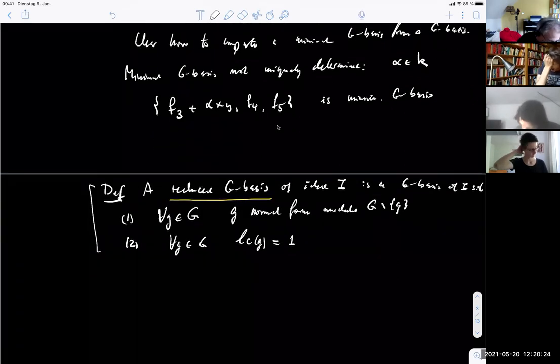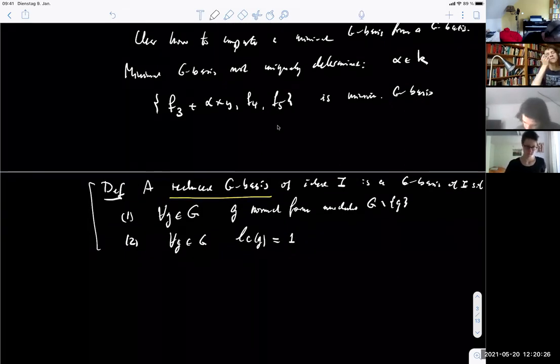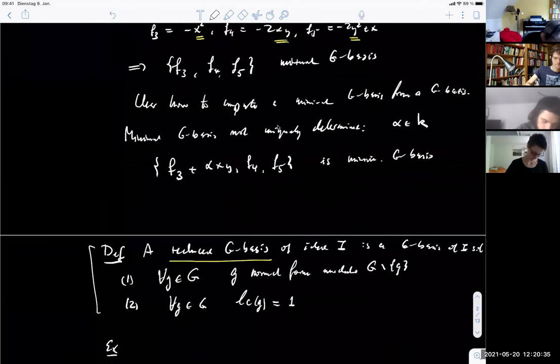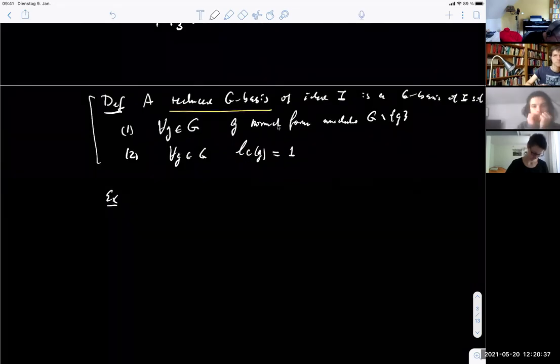Okay, so in the example, I think it's pretty obvious. It's the same example up to sign. So let's say x squared minus alpha xy, y squared minus 1/2 x. So when is this reduced?